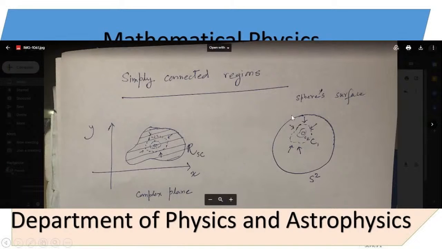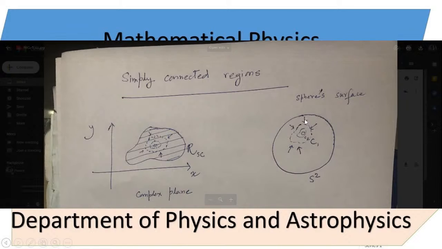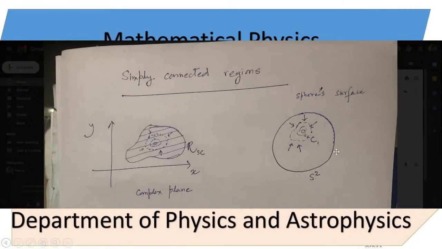Similarly, take the surface S2, the sphere surface. Take any closed contour anywhere on the surface. You can go from a larger contour C1 to a smaller contour C2 and keep going and shrink it to a point without leaving the surface.